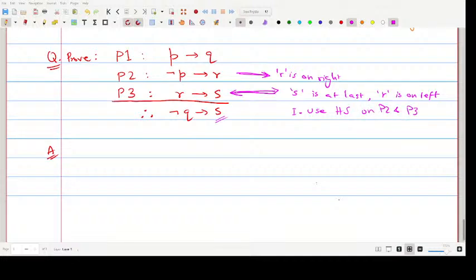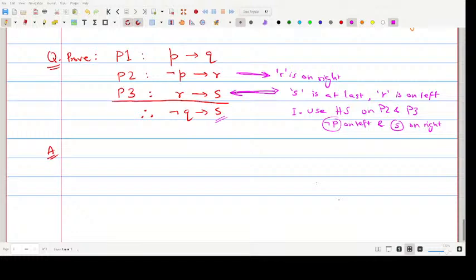By that, we get negation of P on the left, and S on the right. The R is now out of the scenario.